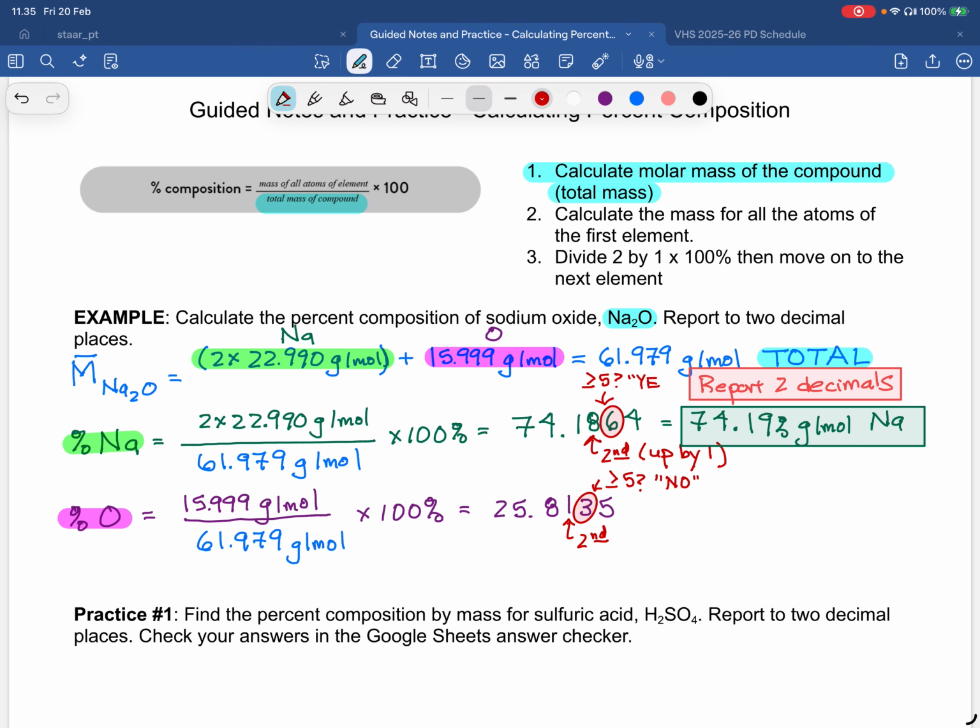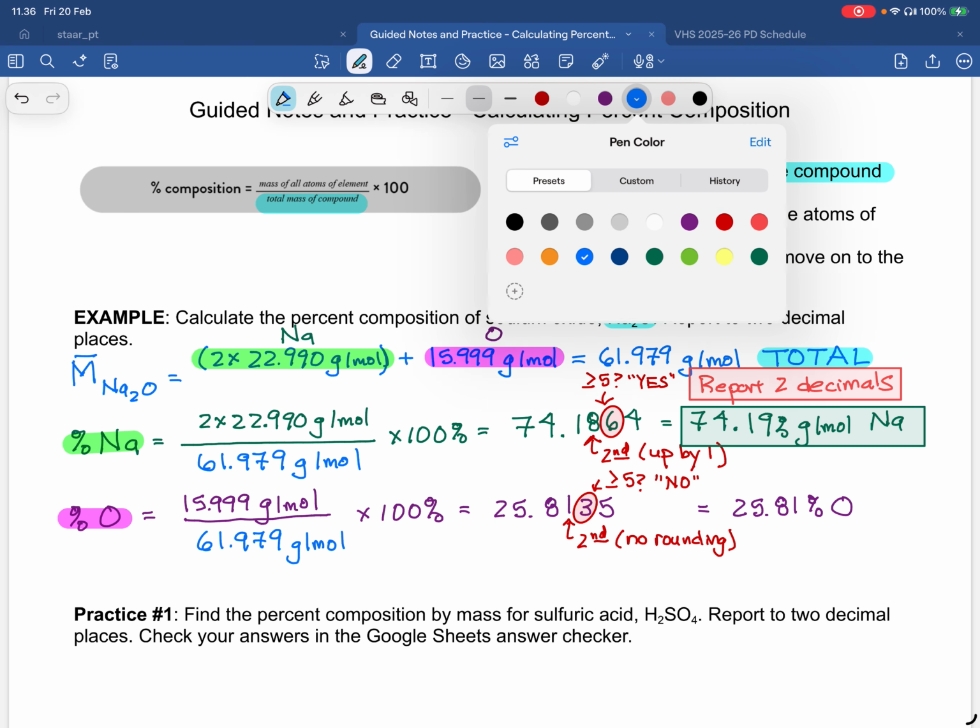Therefore, no rounding. I do not round up. Okay? So that means that it's going to be 25.81% oxygen. Oh, I did make myself an error there, didn't I?